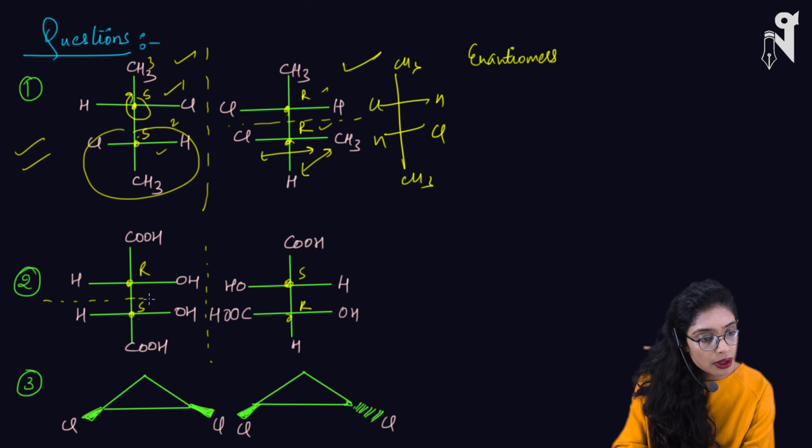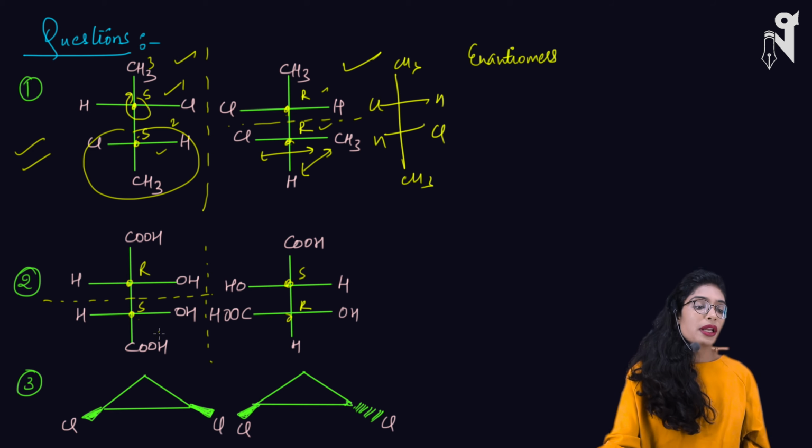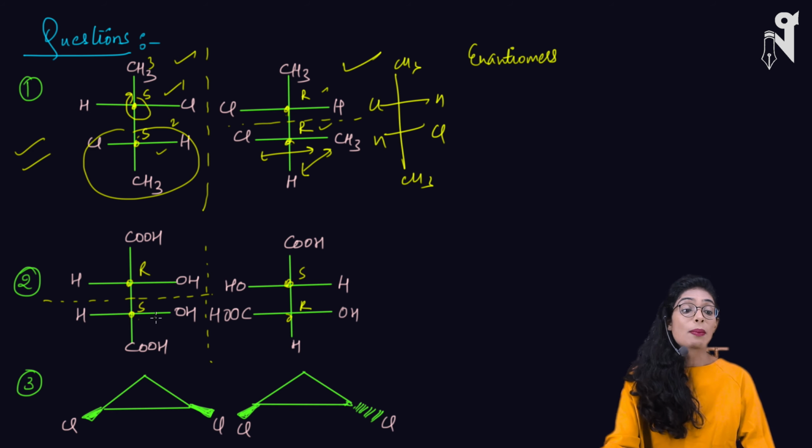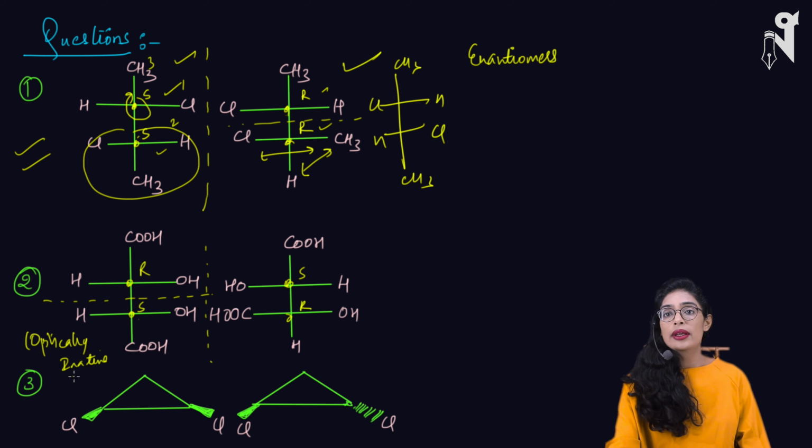If I cut it from here, it seems like there is a plane of symmetry in the first compound, so it is optically inactive. This is optically inactive. As there is no way I can call them enantiomers, let's see what else we can call them.